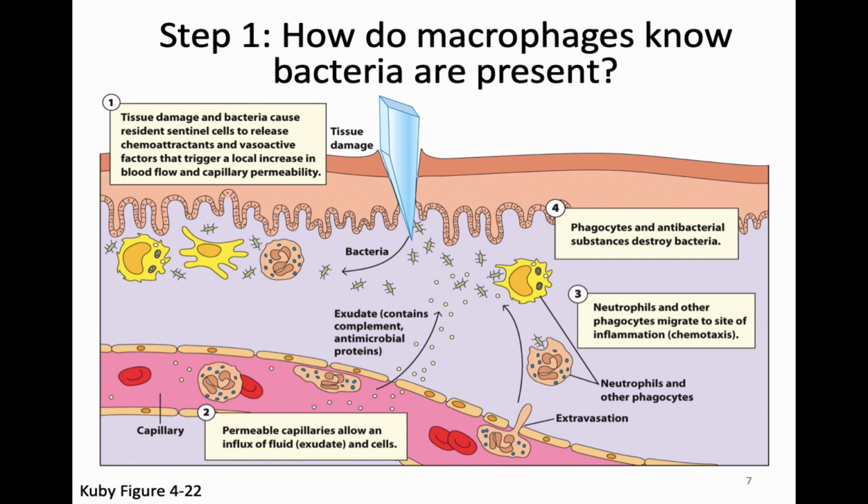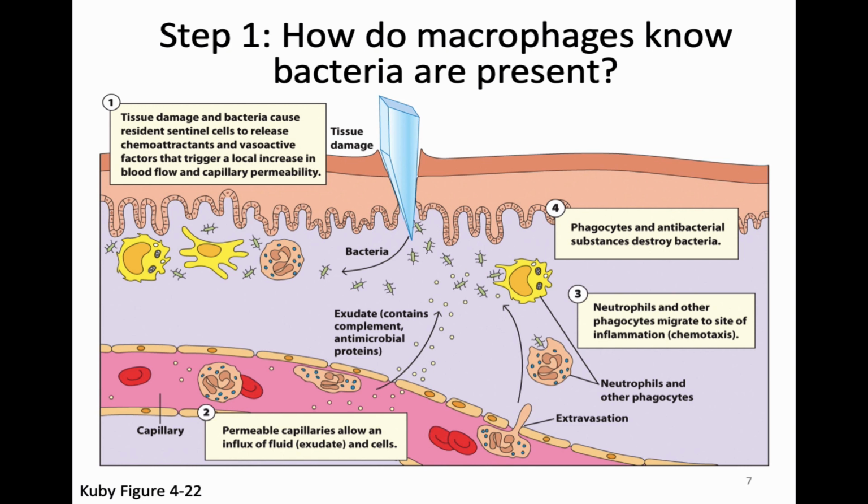In this case, it might be skin, so it might be those Langerhans cells. And they are going to do an action, this release stuff that is said in the rest of that box. In order to perform this action, those cells needed to know that the bacteria are present. And that will, of course, allow them to make some type of response.